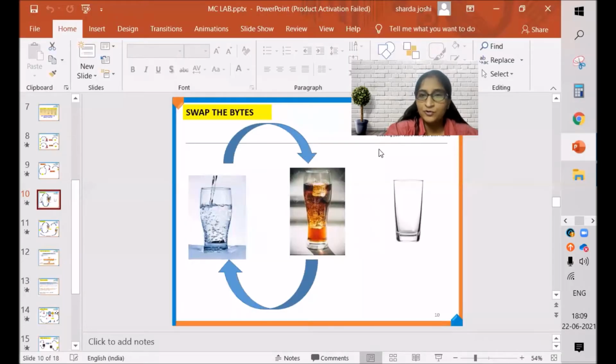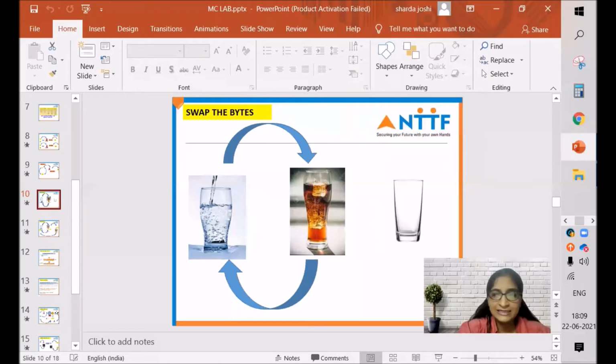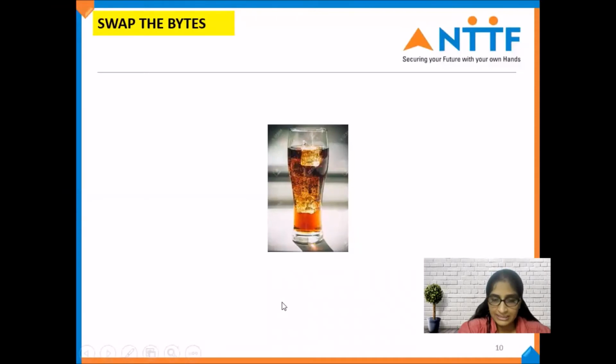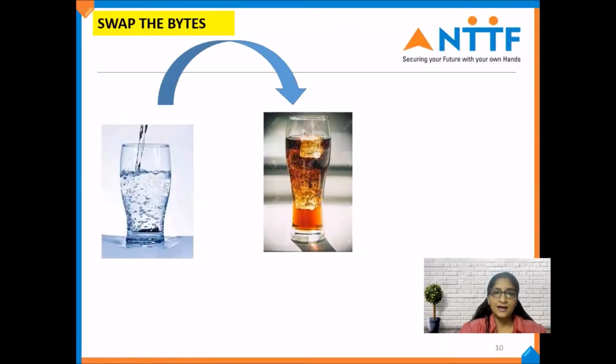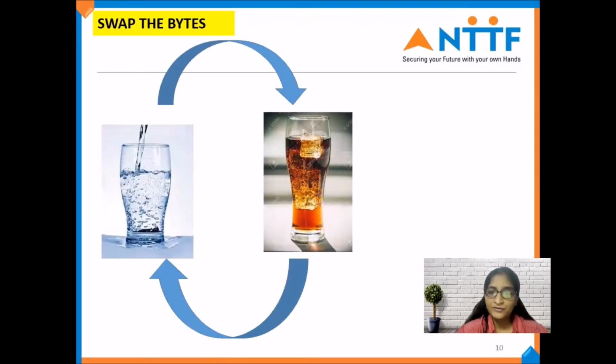We have to do the swapping between TL0 and TH0, right? It means they are asking us to transfer the water into the cold drink glass and the cold drink into the water glass. So we have two glasses: one is your TL0, the other one is your TH0. Now we have to transfer the content between these two.